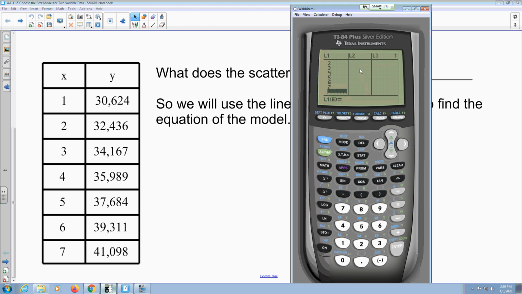Now I'm going to go onto L2, and that is going to be our y values in this case: 30,624, 32,436, 34,167, 35,989, 37,684, 39,311, and 41,098.